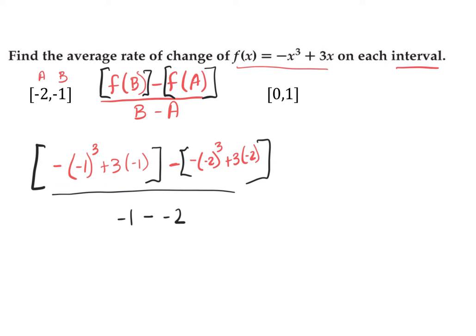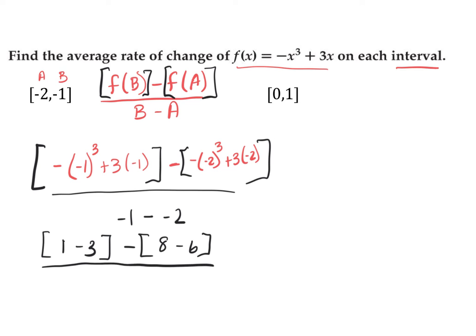So I'm going to clean up my function a little. We have negative 1 to the third power, so that's negative 1, but then we have positive 1. So 1 minus 3, minus negative 2 to the third power, so that's going to give me 2 times 2 is 4, so that's negative 8, but then we have a positive 8, so 8 minus 6, all over 1.